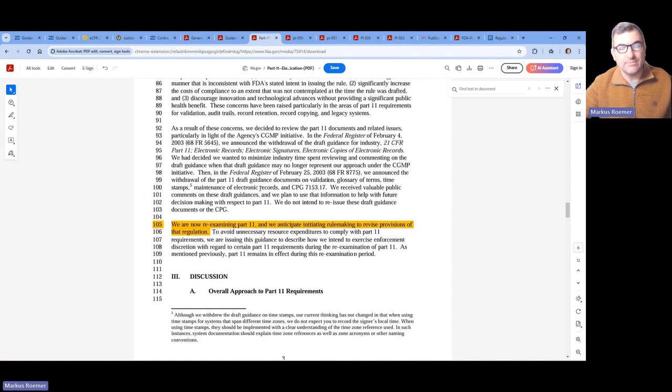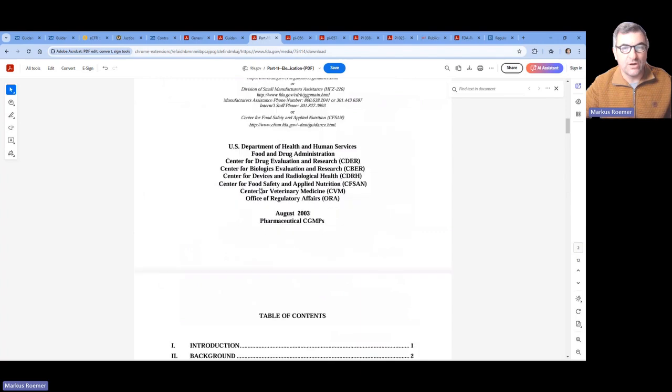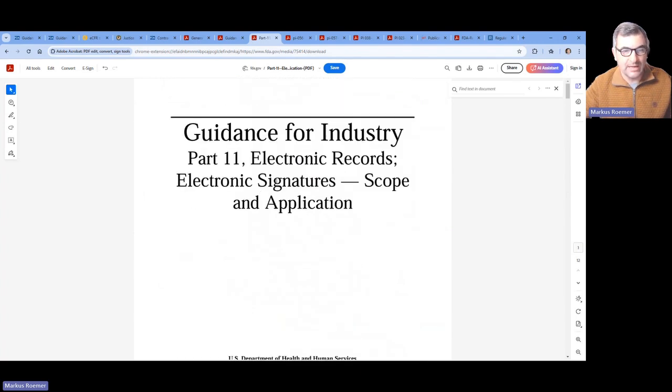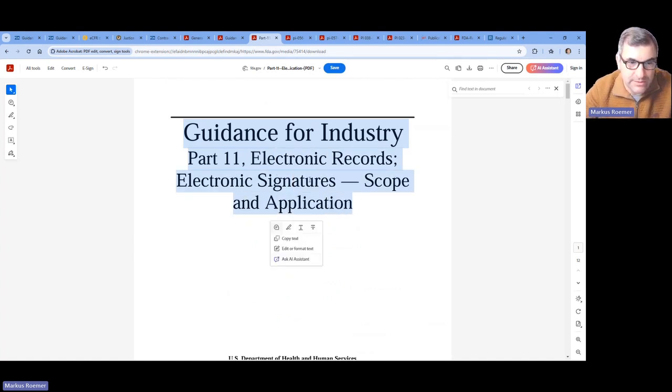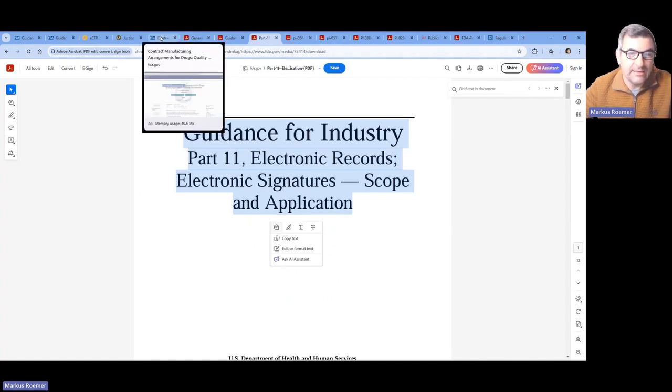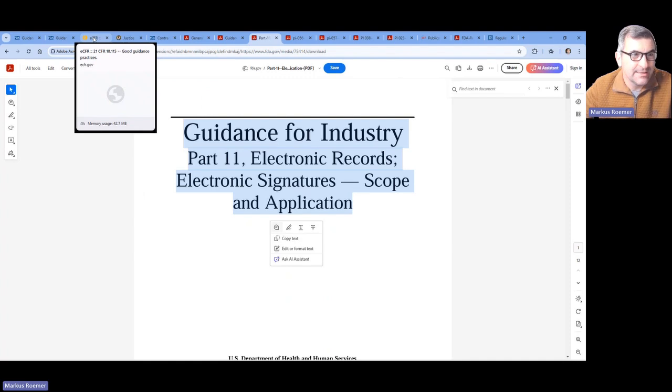This is important to understand: if we talk about Part 11 compliance, you also apply this guidance for industry document, Part 11. Okay, that's regarding the guidance for industry documents. I wanted to make it shorter, but I don't get it, it's always 20 minutes.